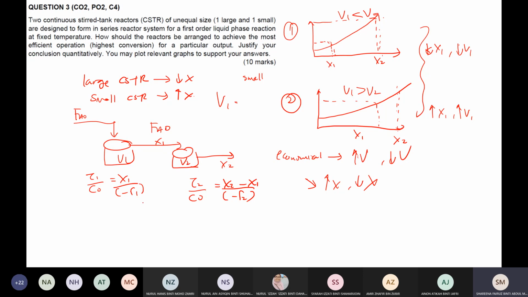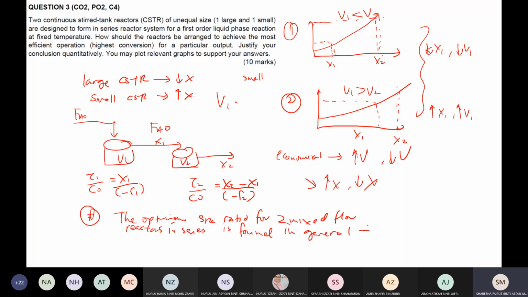So untuk number ni kat sini, salah satunya adalah the optimum size ratio for two mixed flow reactors in series is found in general to be dependent on the kinetics of reaction dan juga conversion.